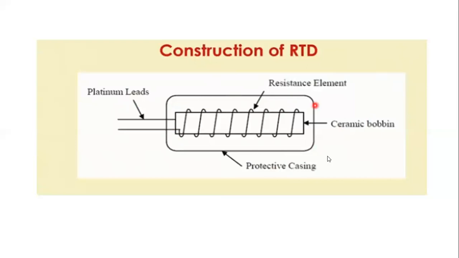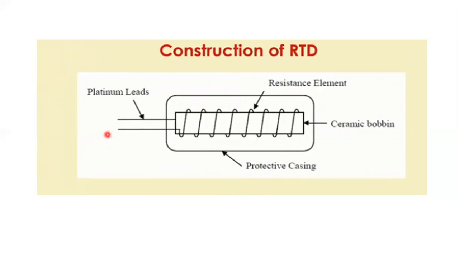A protective casing is provided for mechanical protection, and the ends of the coil are welded to copper leads and taken out, that is, copper or platinum leads. We can take two ends of this platinum wire out of this casing. Why are we taking the two ends?